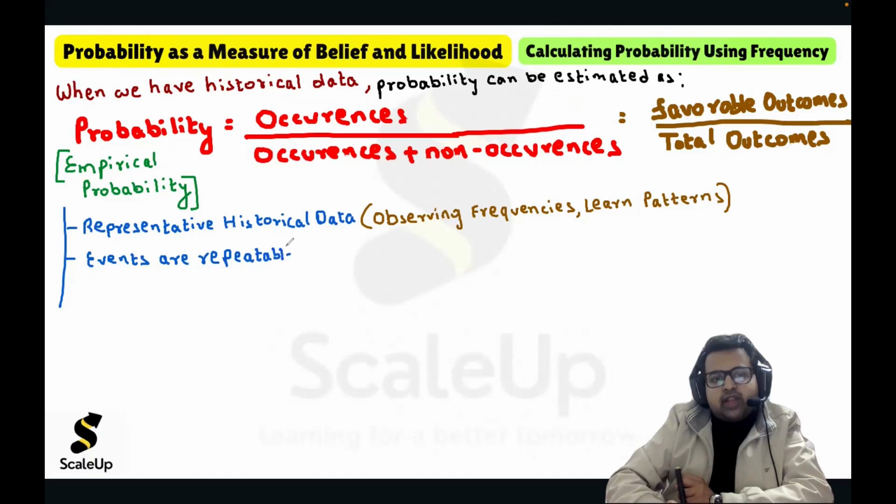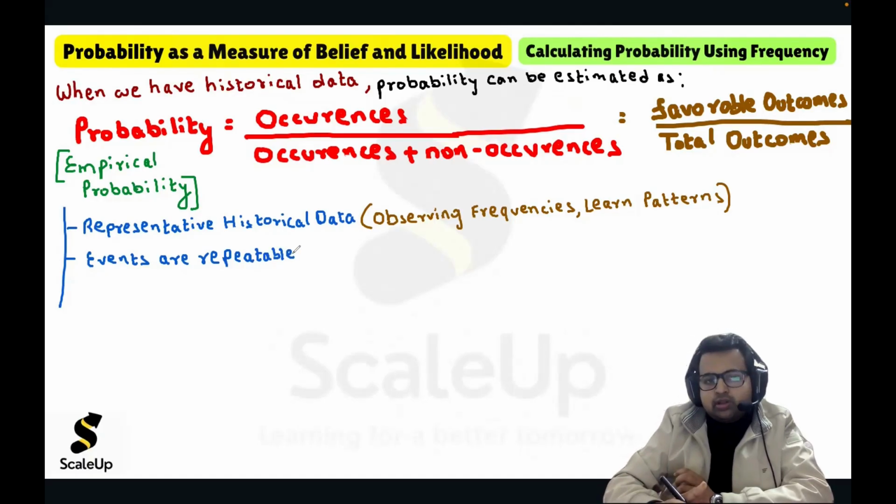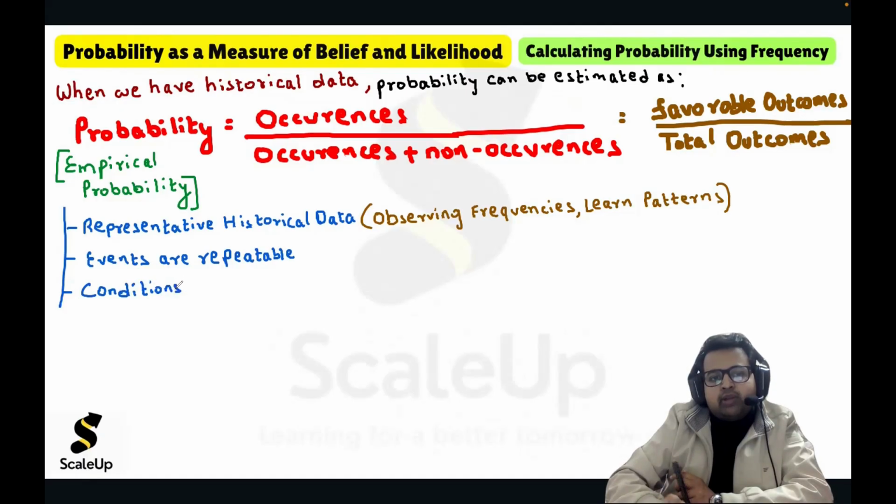What it means is that when I perform the same experiment multiple times, the same event can occur. So events are repeatable. And one more important point is that the conditions of the experiment should be stable.